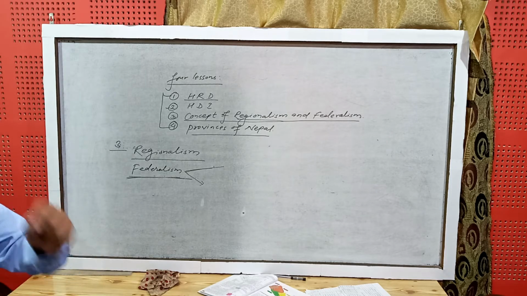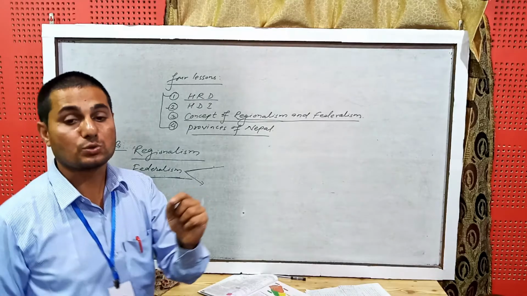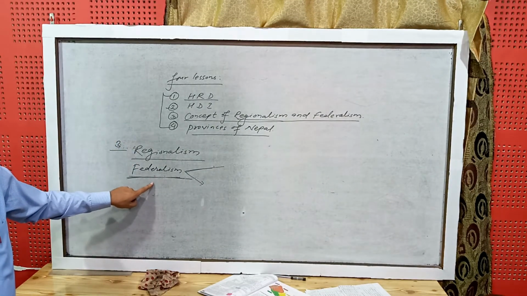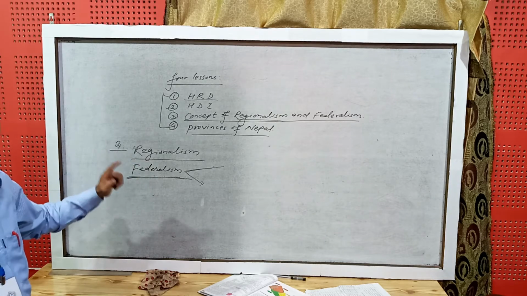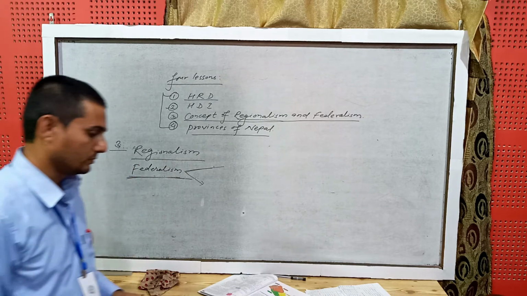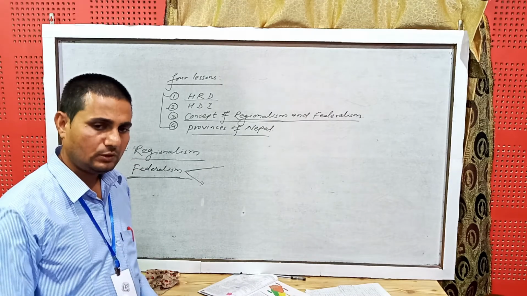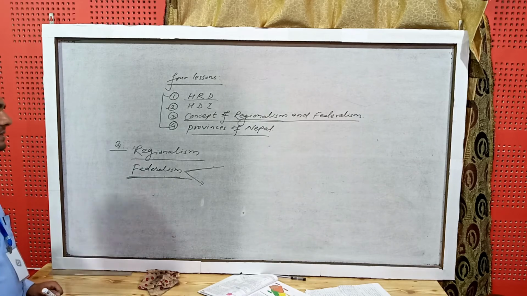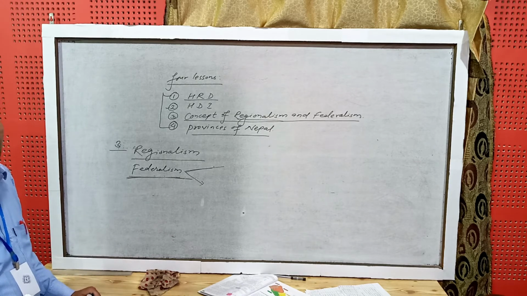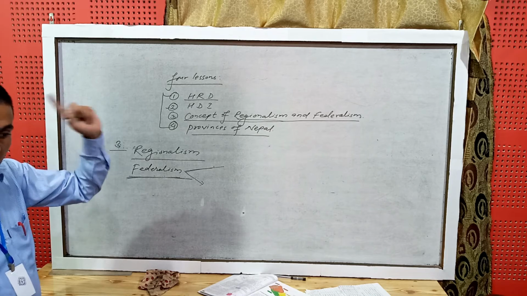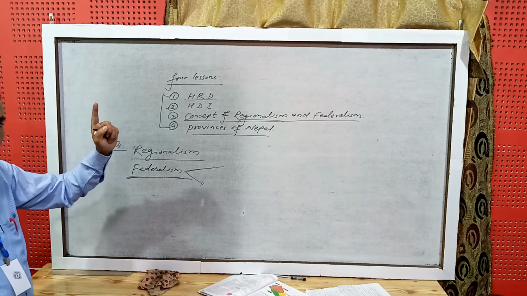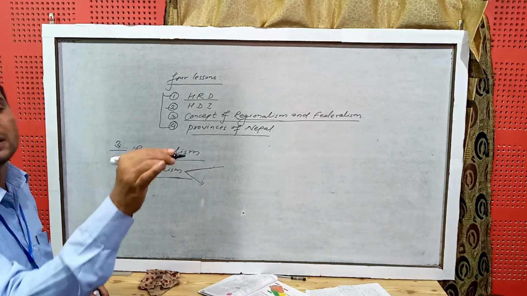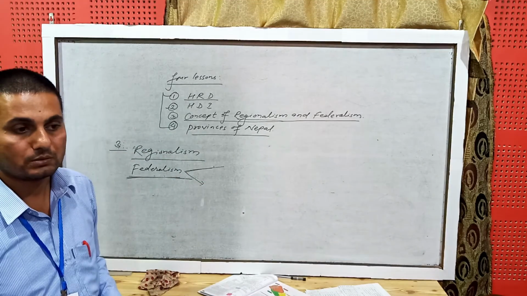The first meeting of the Constituent Assembly declared Nepal a federal republic state, and this constitution of Nepal has made the provision of 7 provinces in Nepal, along with federal government in the center, provincial autonomous government in the province, and local government in each local level.